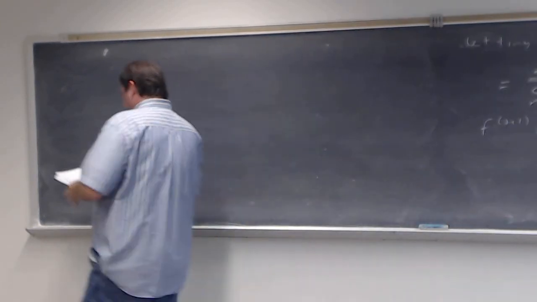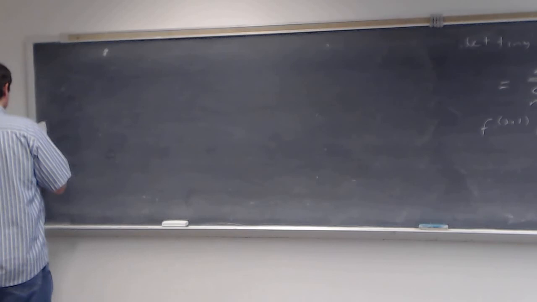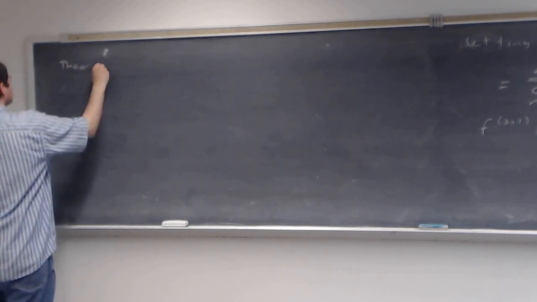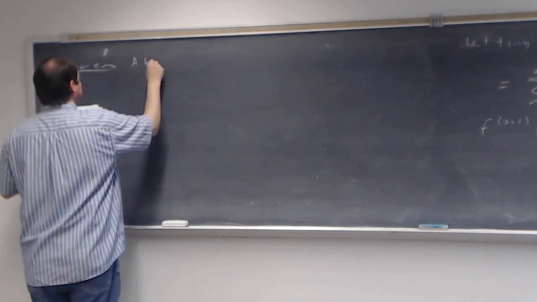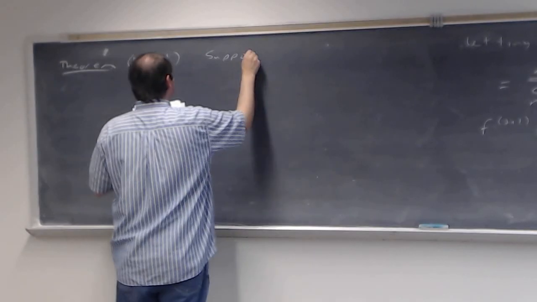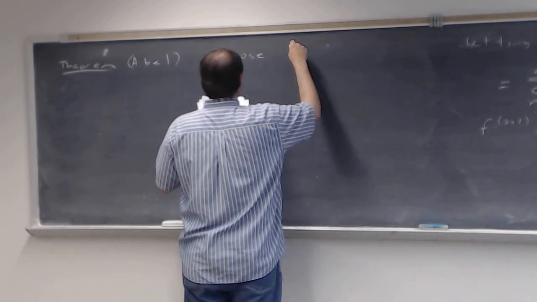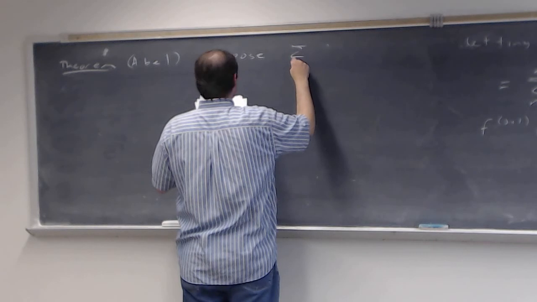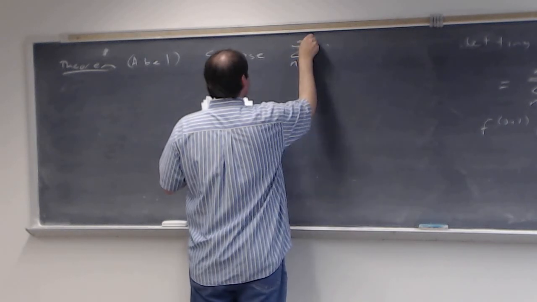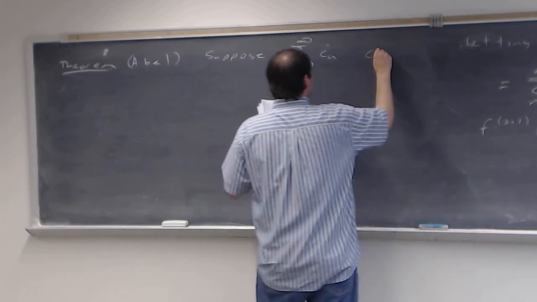Okay, next theorem. Here's what it says. Suppose the sum as n runs from 0 to infinity of c sub n converges.